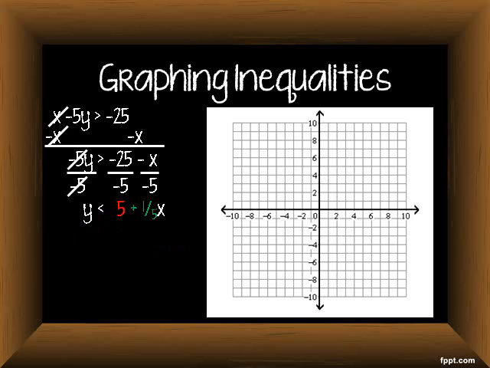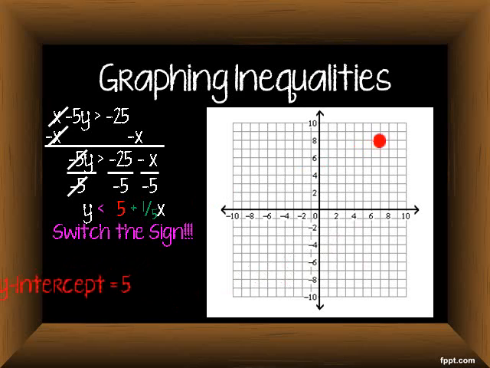So let's go ahead and graph this inequality. I'll plot the point 0, 5 to satisfy my y-intercept of 5. And then I will travel down 1 unit. I'm sorry. I will travel up 1 unit. It's not a negative 1, it's a positive 1.